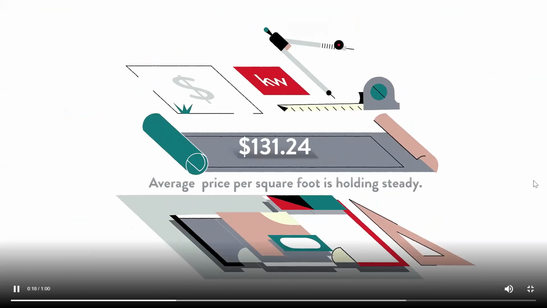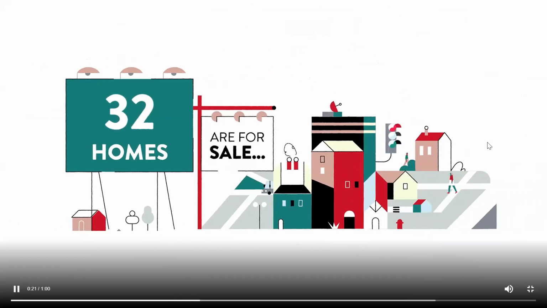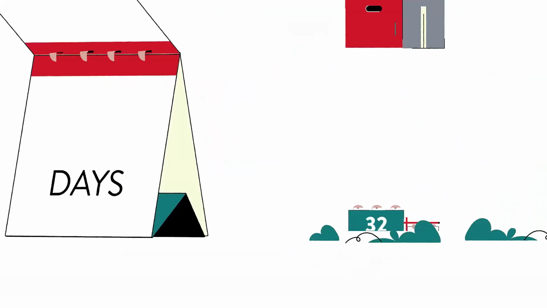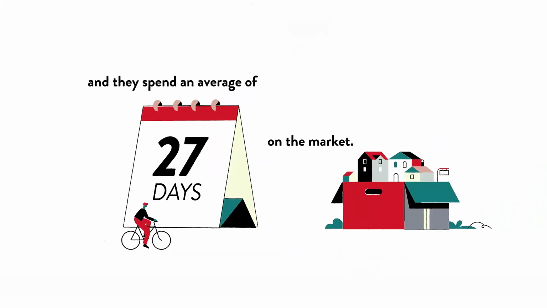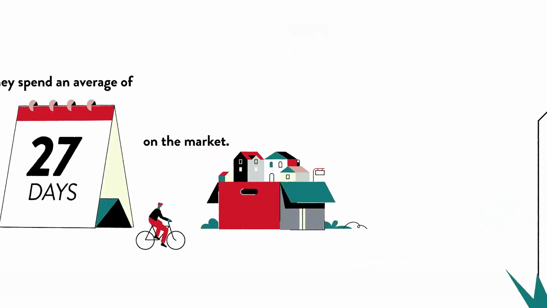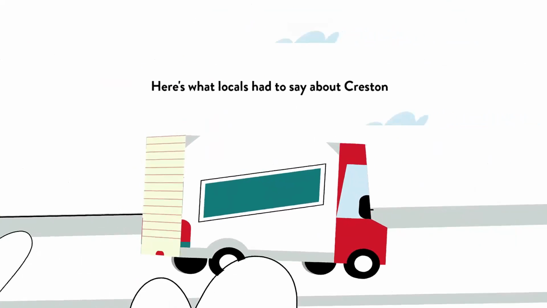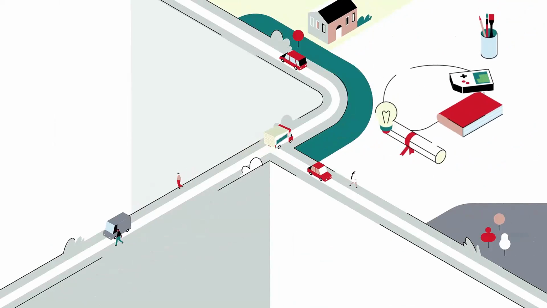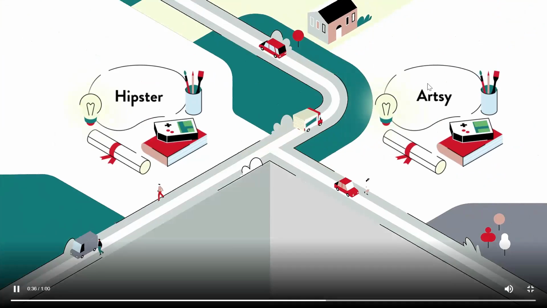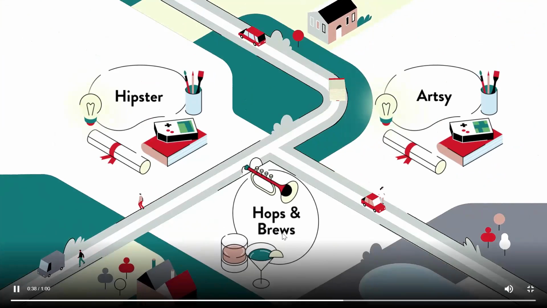So those are the things I adjusted, you can see there. And then these are those things from Nextdoor. Artsy, Hipster, Hops and Brews.